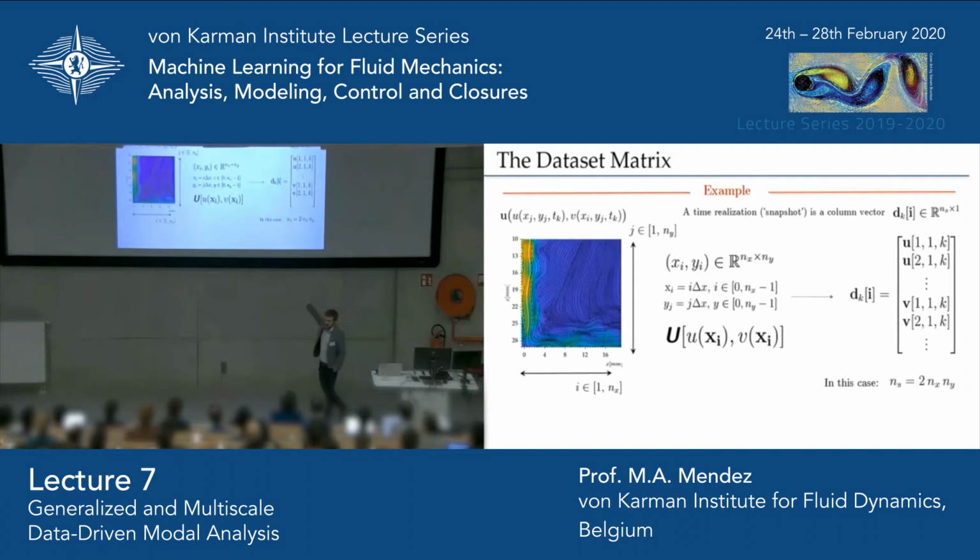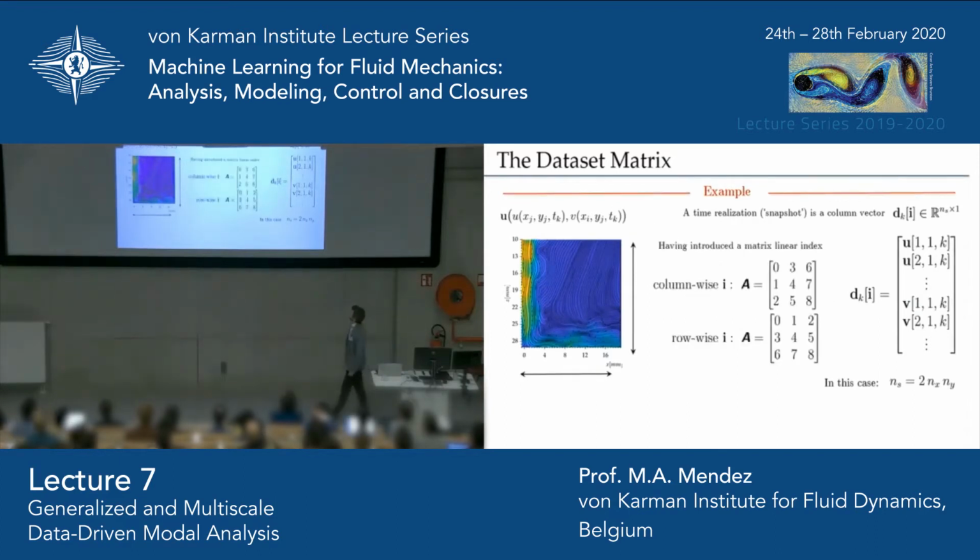If this was 3D, this is 3 times nx times ny, and if this was a pressure field, it would just be nx times ny. It's not really important the way you reshape it. Here I'm taking a column-wise reshaping, so I take every column of my field and I put it below. What is really important is that you agree with yourself on how you do that.